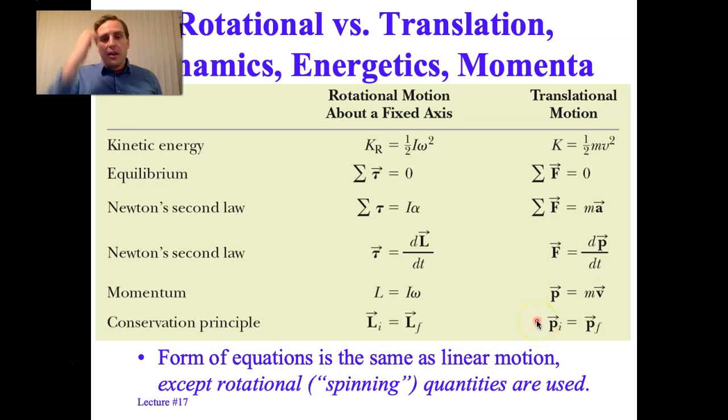That is, you see direct correlations between rotational inertia I and mass, angular velocity omega and v. You also see torque is like force, and angular acceleration is like a, the linear acceleration. Capital L vector is like p vector. Angular momentum is like linear momentum. And conservation of angular momentum is like the conservation of linear momentum. Same form of the equations. So this is something that you should be familiar with for this course, for sure.